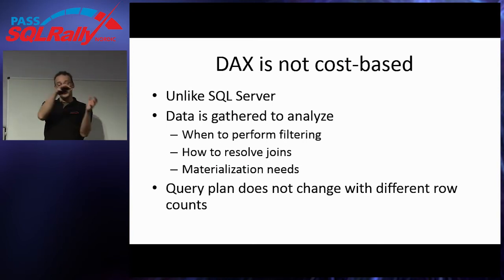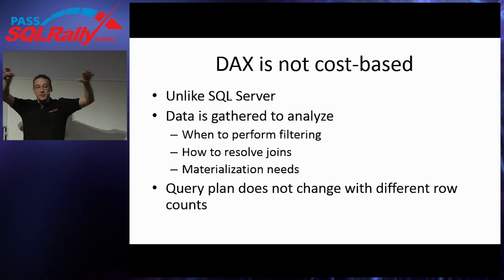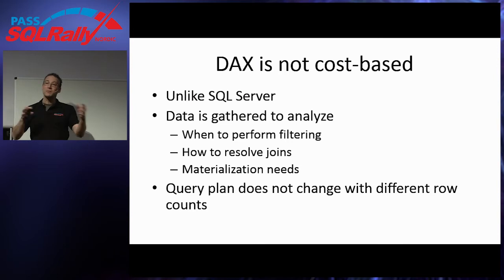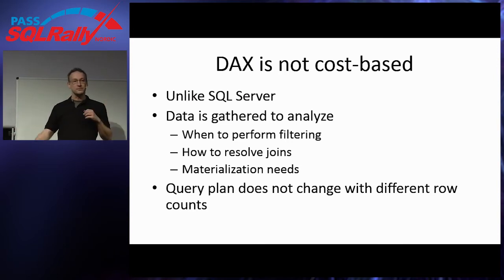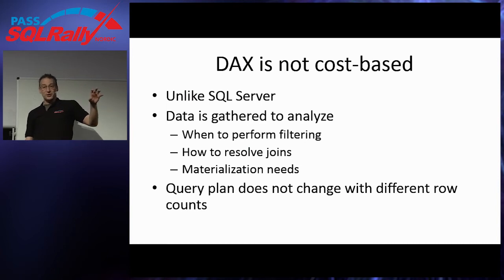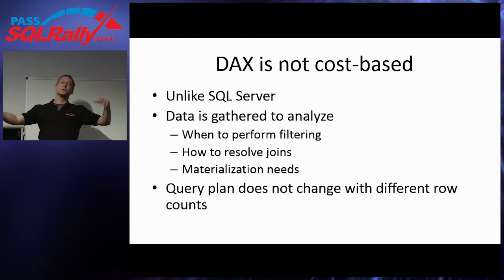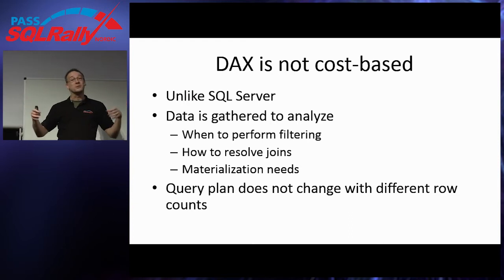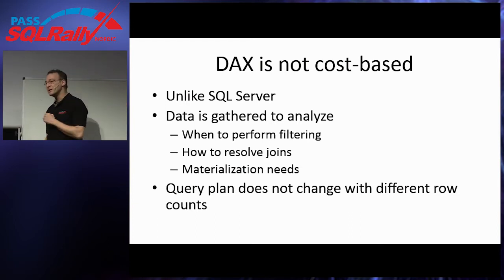Because the measure is put inside the query, the complete tree is optimized. And so one measure can have different query plans depending on the usage you make of it. It's not unusual to optimize a measure, then run it inside a query and see that it is slower than a previous version which was slower in a different query. So always try to test the complete query, because it's very important to get the best performance.